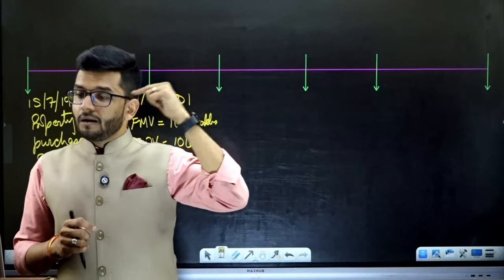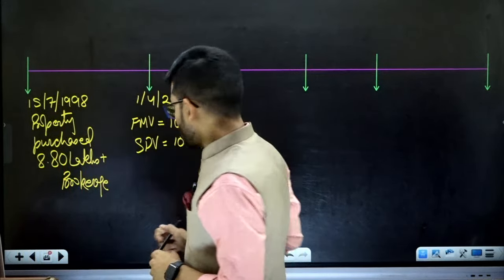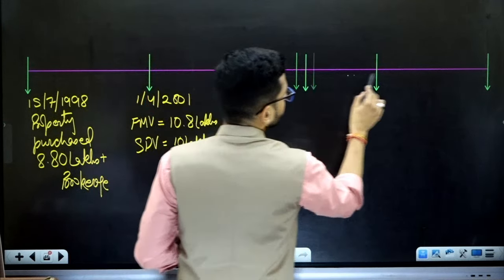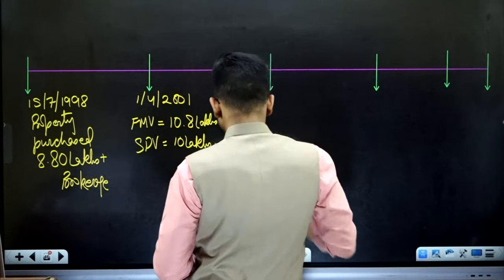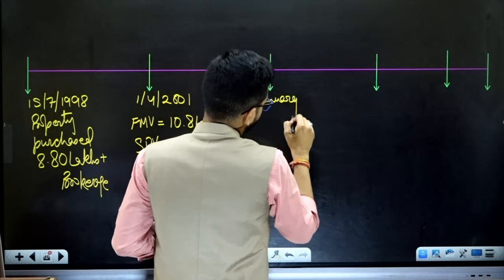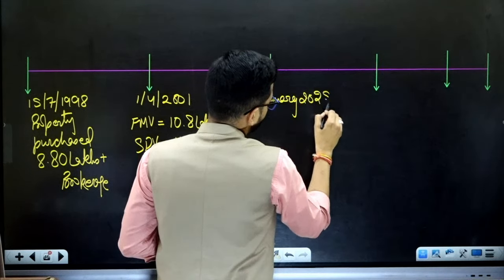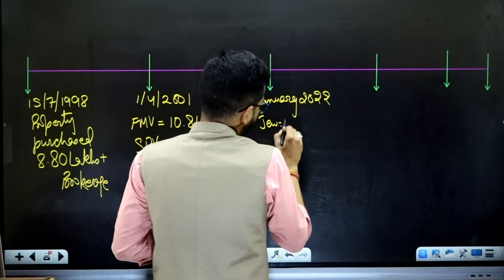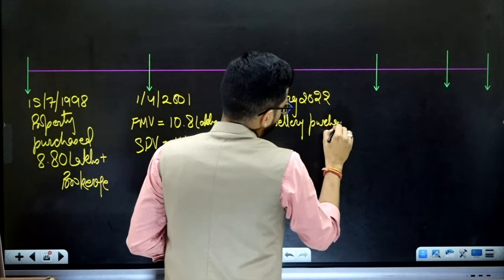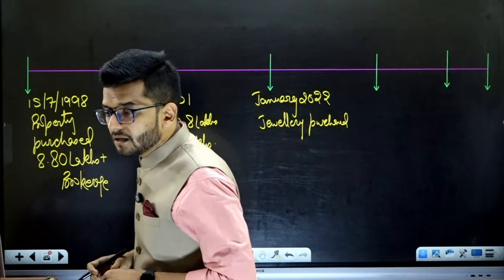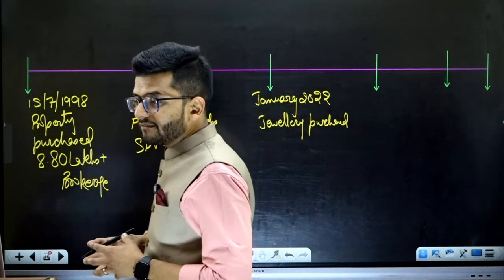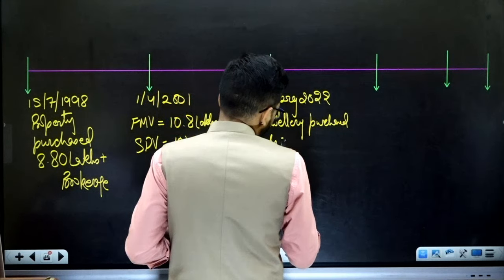Okay, sir. Now we come on to the jewelry. Jewelry has been purchased in January 2022. What is the value of the jewelry which has been purchased? Jewelry has been purchased for 3,25,000 rupees.